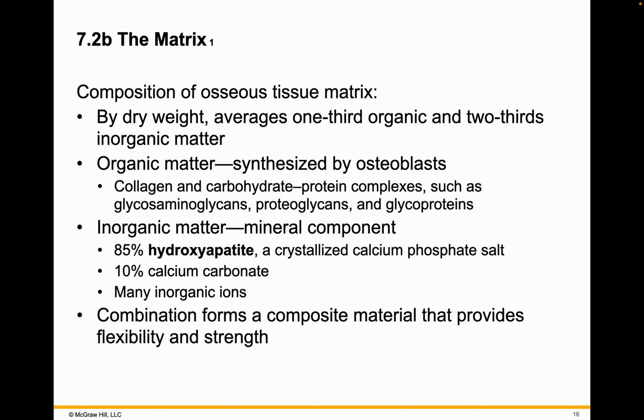Inorganic matter, the mineral component, is about 85% hydroxyapatite, which is a crystallized calcium phosphate salt, and 10% calcium carbonate, along with many other inorganic ions. The combination forms a composite material that provides both strength and flexibility, and you need to remember that when you look at bones in the lab. They have lost their flexibility.